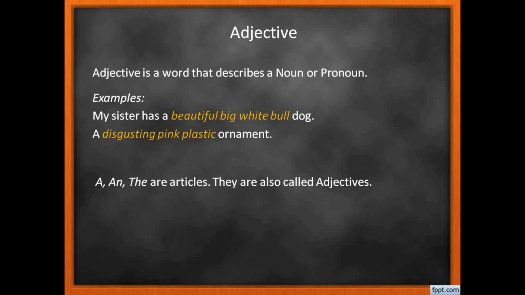Here it tells about a beautiful big white bulldog, meaning only one. So a and the are articles and they are also called adjectives. So remember that an adjective is a word which gives us information about a noun or pronoun.